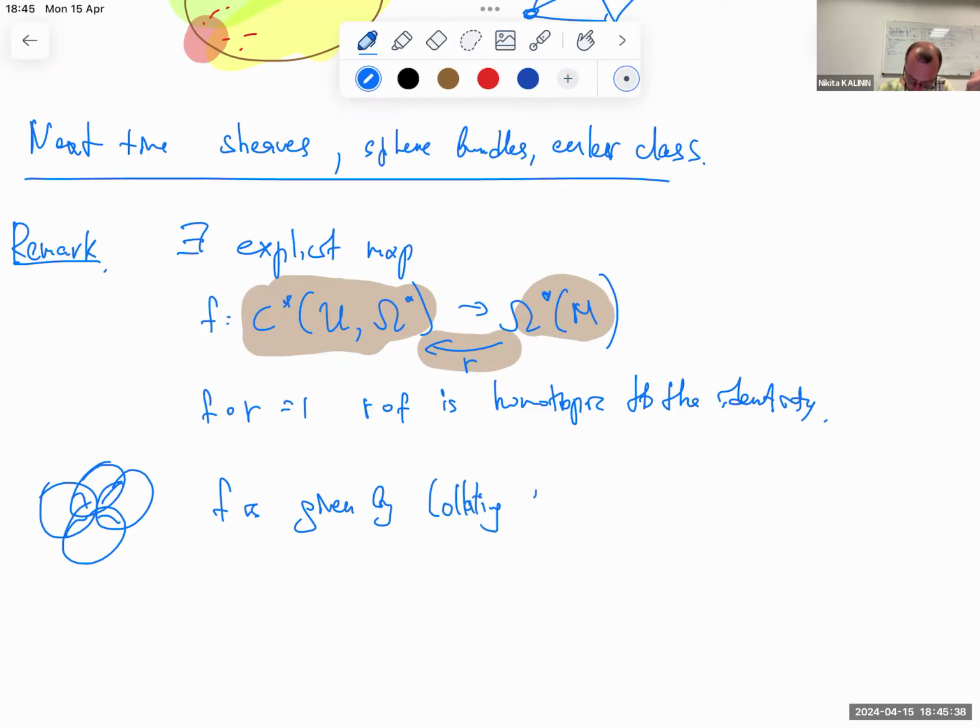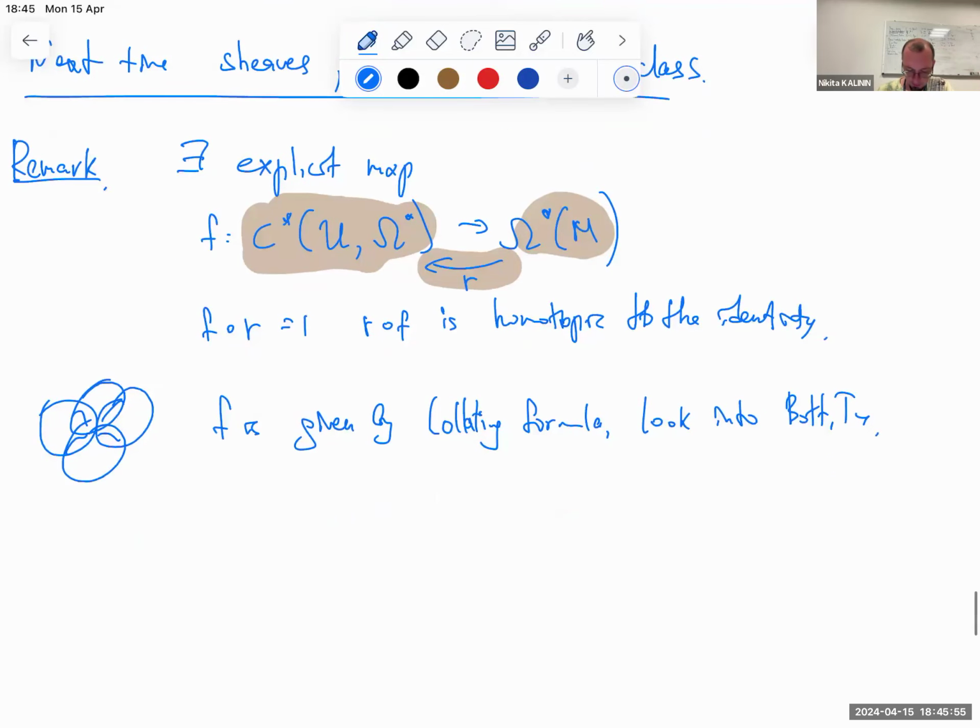So look at the book, look into Bott–Tu. Well, because the formula is quite long, and actually when you try to prove it, it's also quite a long proof, but it exists. So basically if you have a certain alpha, you look at its differential, and then using them you produce a certain explicit differential form.